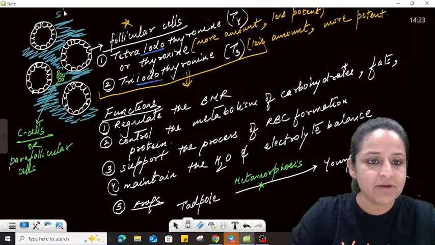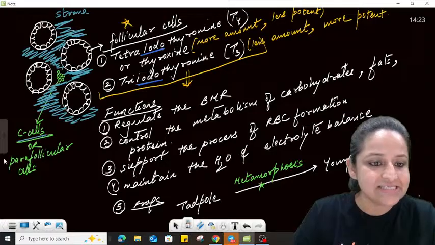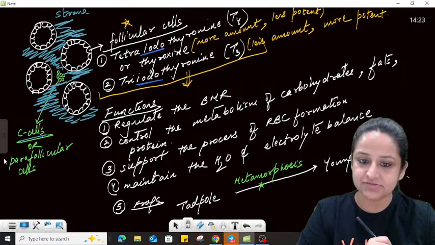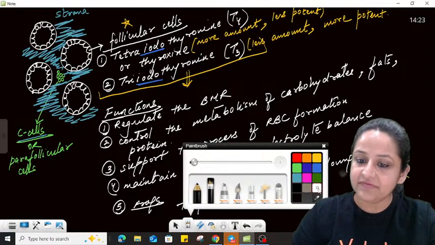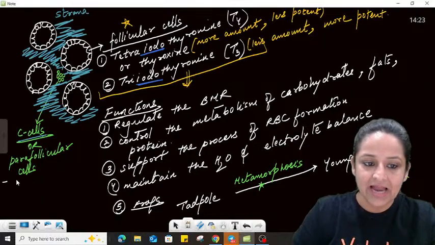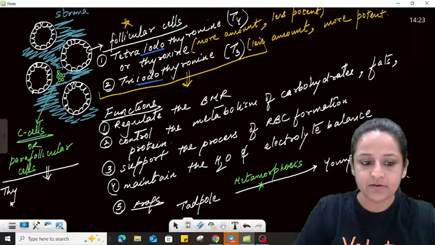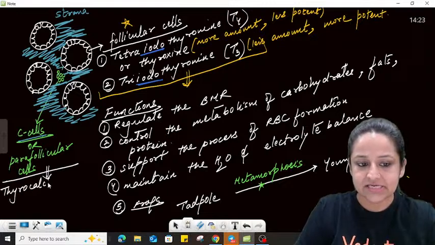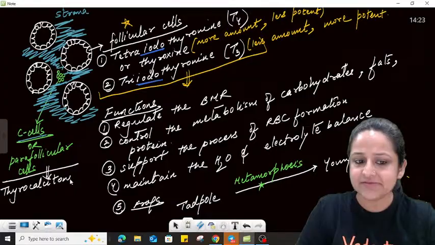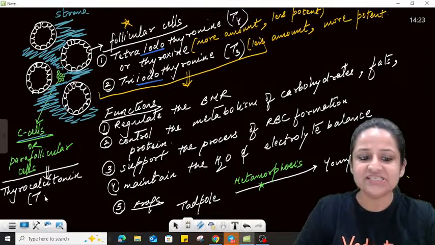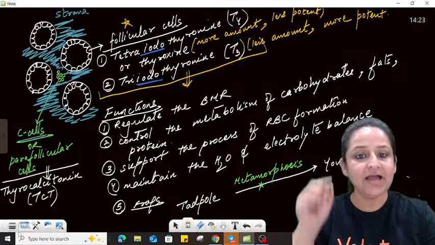Now in the stroma, as I told you, there are cells called C cells, also called parafollicular cells. They release another type of hormone called thyrocalcitonin, also called calcitonin, also called TCT.